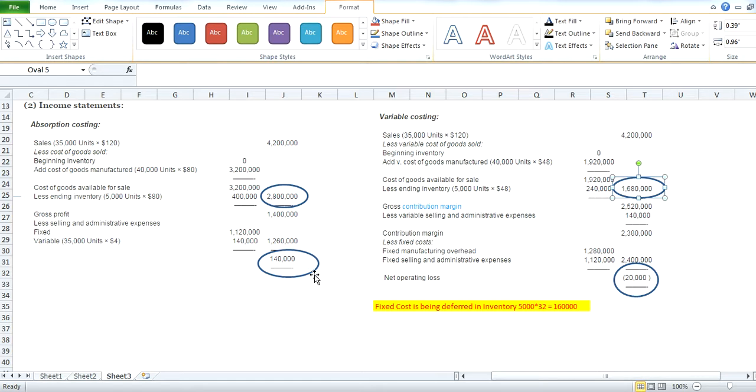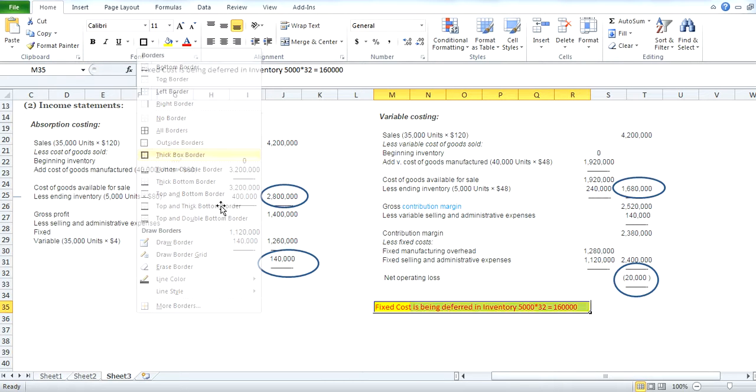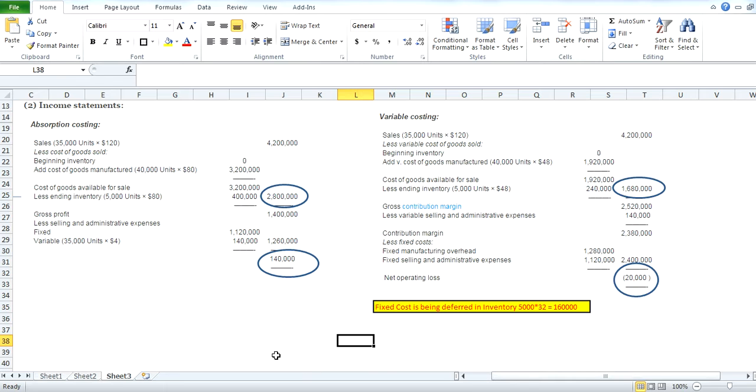It's critical that you understand how to reconcile these two numbers and how they relate to each other, and that the only answer is ever going to be because of the fixed cost being inventoried under the absorption costing method.